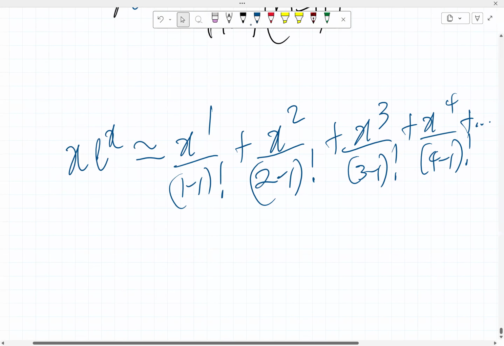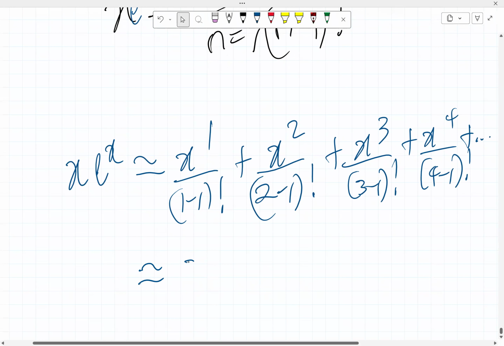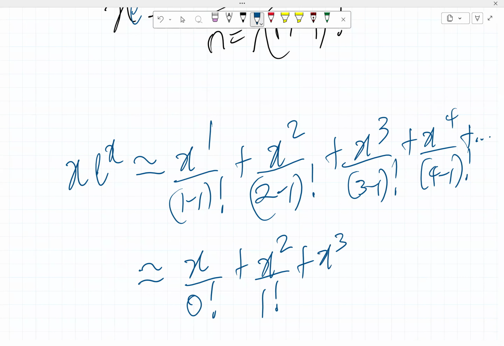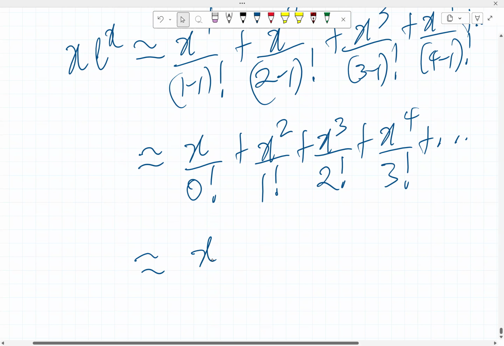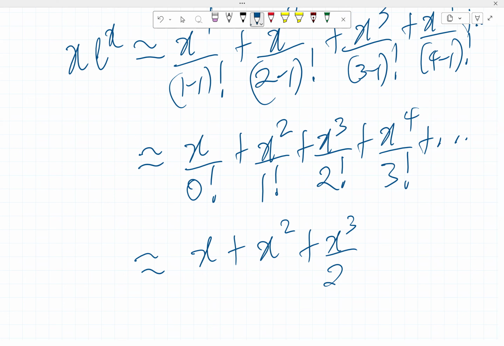So that is approximately x all over 0 factorial plus x squared all over 1 factorial plus x cubed all over 2 factorial plus x to the 4 all over 3 factorial. So the factorial is lagging one step behind. That makes sense. And that makes sense, right?